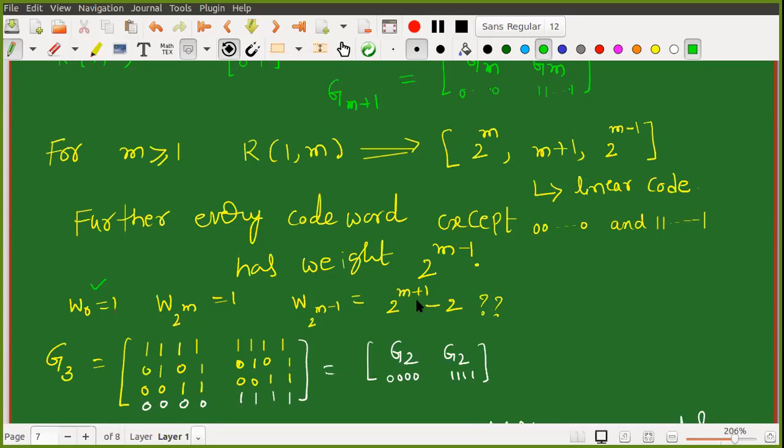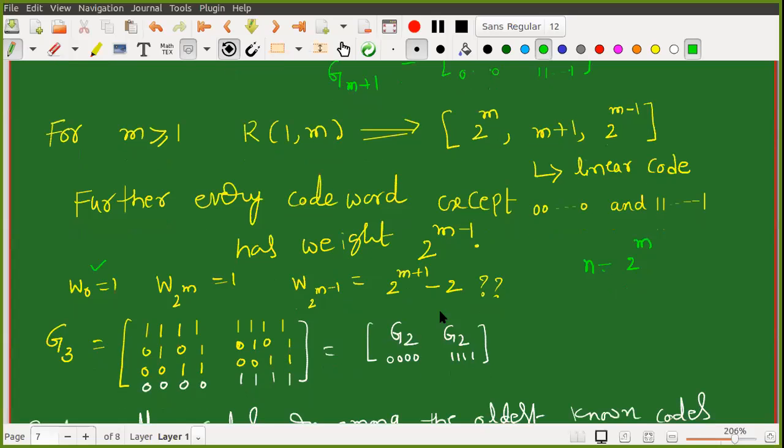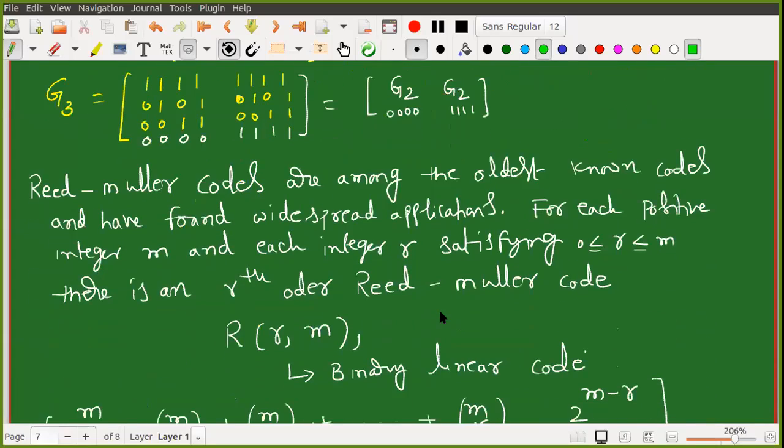Here n is equal to 2 power m. Anyhow, the dimension is k. With that you can understand this.